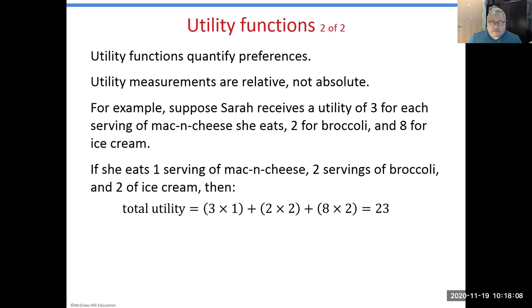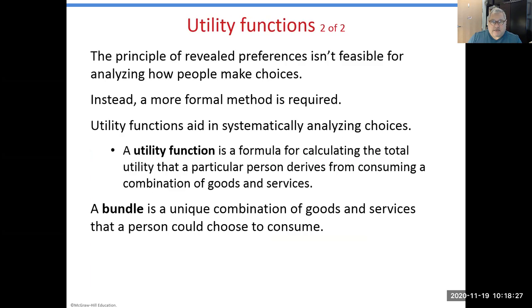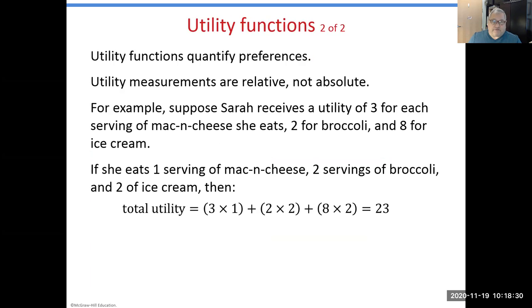So we will start with a utility function. A utility function is a mathematical construct that assigns a numeric value to the benefit or gain obtained from consuming certain goods and services. So in this example that you see here in the slideshow, we have an example where Sarah receives a utility of 3 units for every mac and cheese, 2 units of utility for every unit of broccoli, and 8 units of utility for every ice cream.